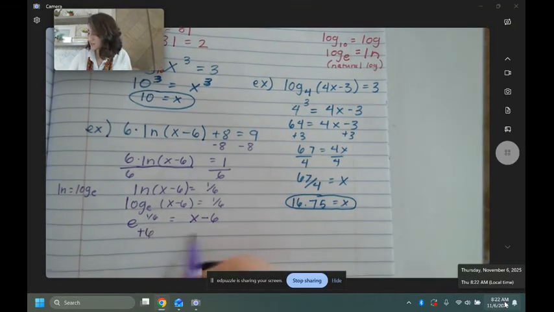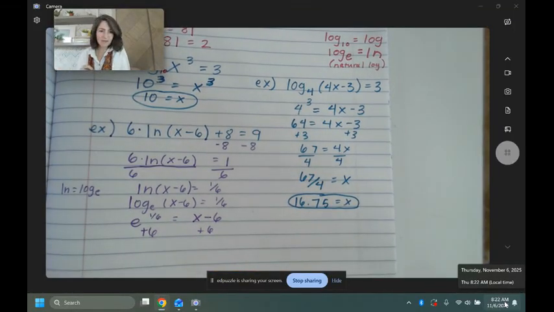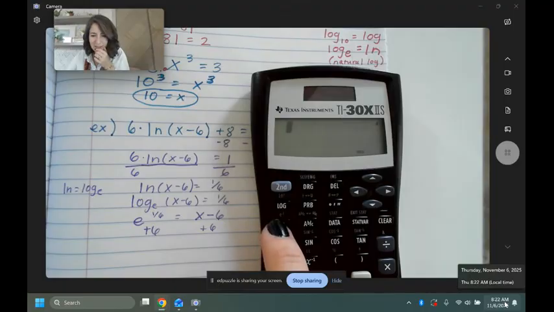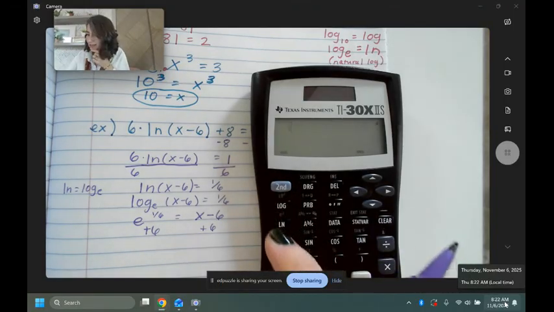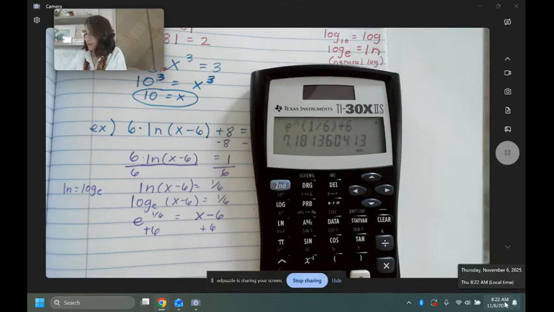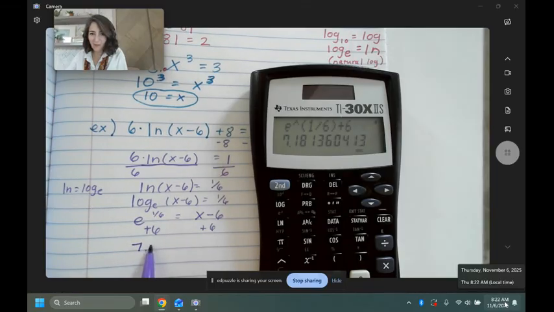Add 6 to both sides. And then I'm just going to type this whole thing in. Most calculators, your phone included, will have an E button. Mine is blue right here. So I'm going to click second ln. And that's going to give me e raised to the 1/6 plus 6. So it's about 7.2 roughly.